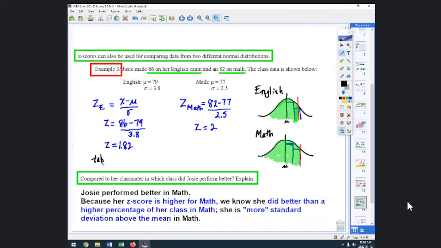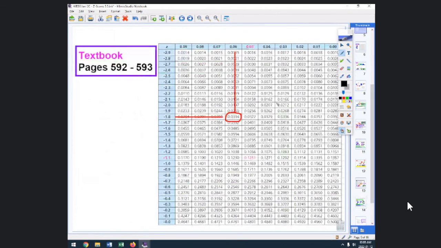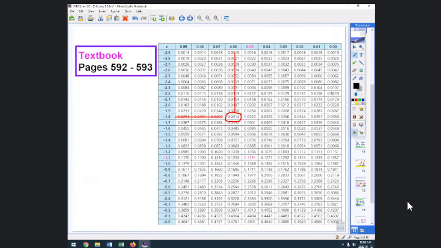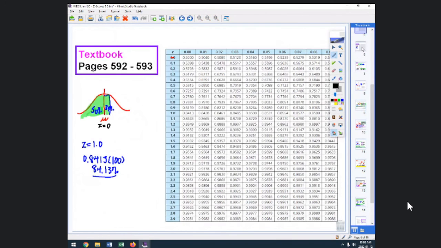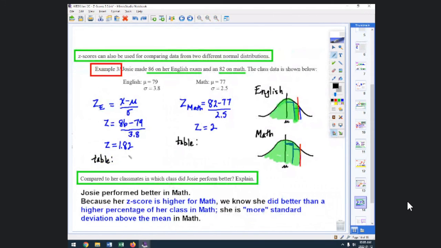It should be more than 50%. 1.82, is that what I said? So 1.82 would be 0.9656. 0.9656 from the table.